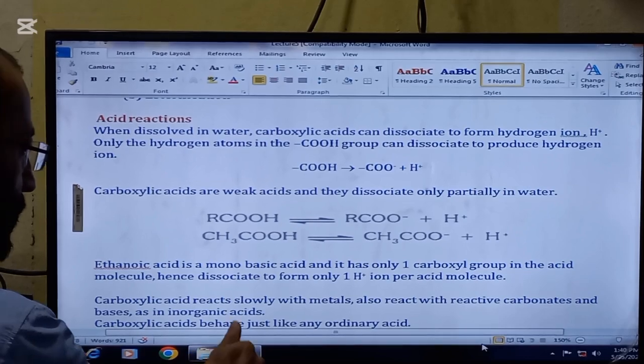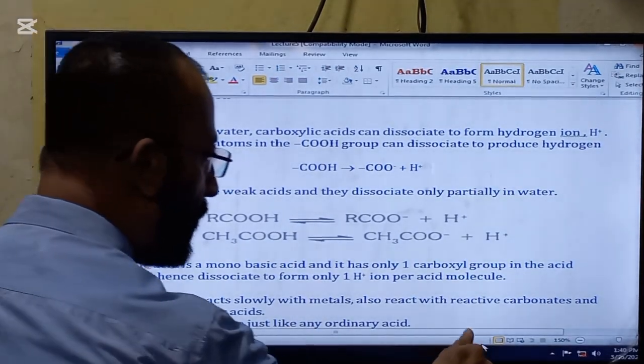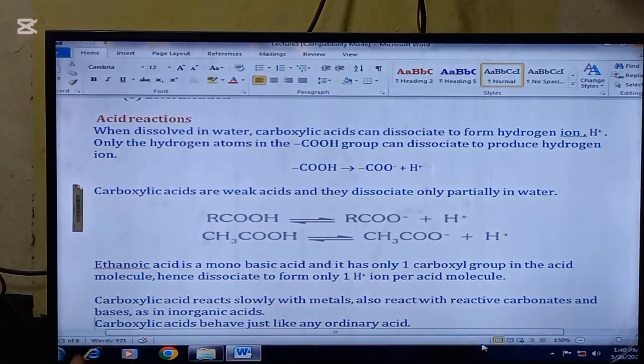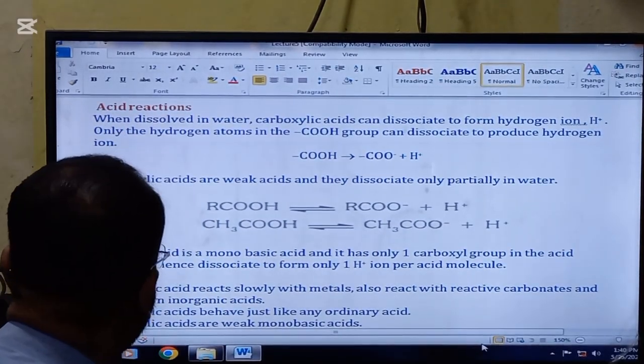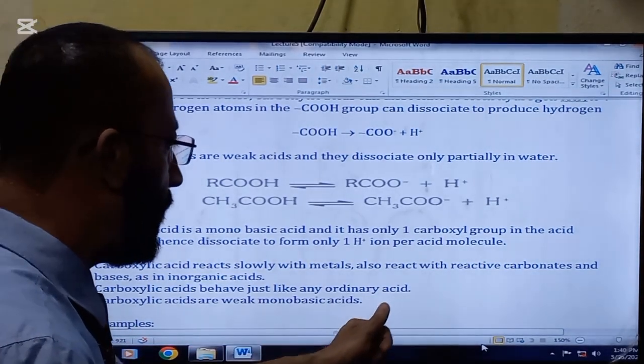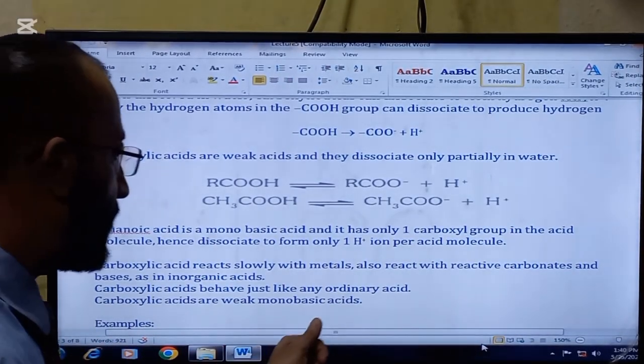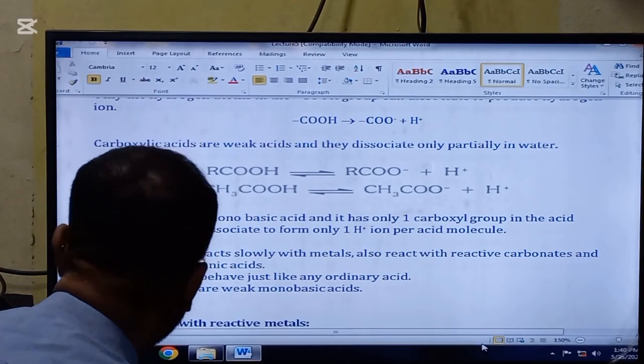Carboxylic acid reacts slowly with metals. It also reacts with reactive carbonates and bases, as in inorganic acids. Carboxylic acids behave just like any ordinary acid. Carboxylic acids are weak monobasic acids.